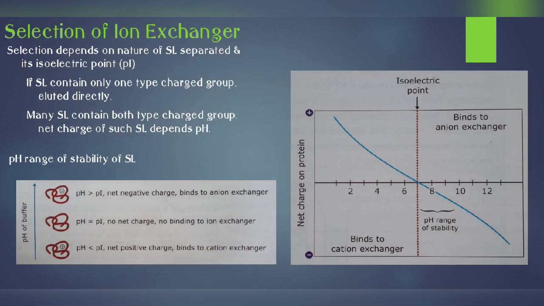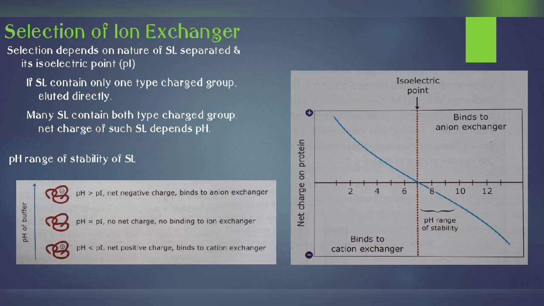How can we select the ion exchanger? Most solutes contain both positive and negative charges. At the isoelectric point there is no net charge. So by increasing pH above the isoelectric point or decreasing it below, the entire surface of the solute carries only one type of charge.